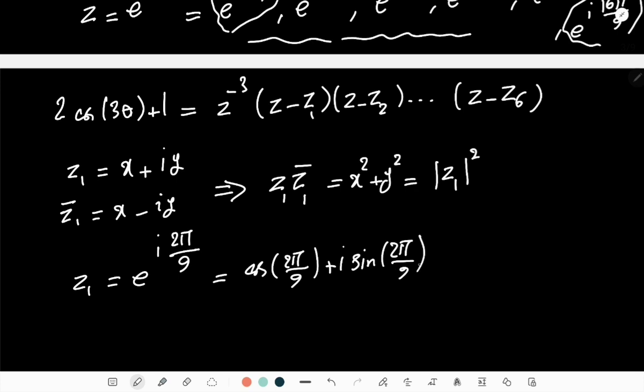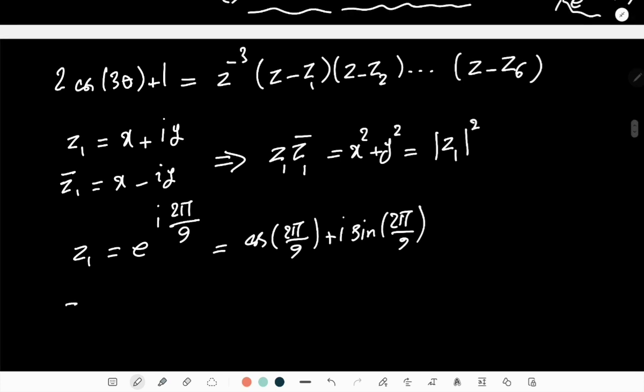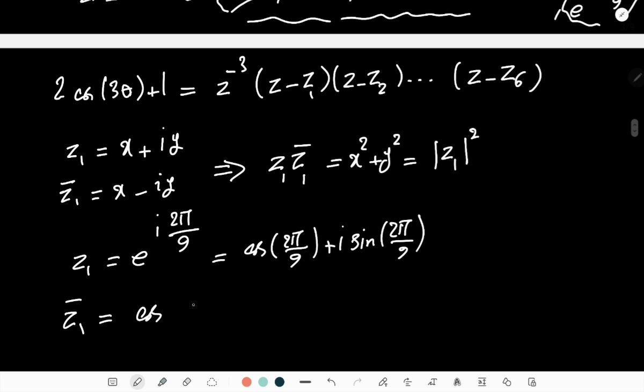So what is the complex conjugate value of this? According to this definition, it will be cosine of 2 pi over 9 minus i sine of 2 pi over 9, right? But as a matter of fact, we can write this in a different way.